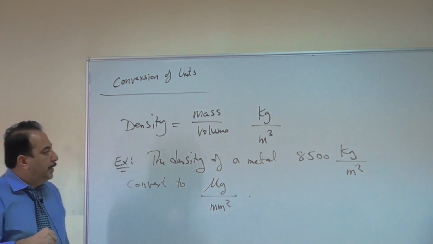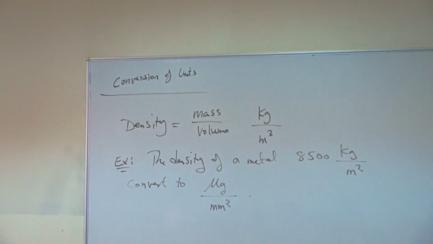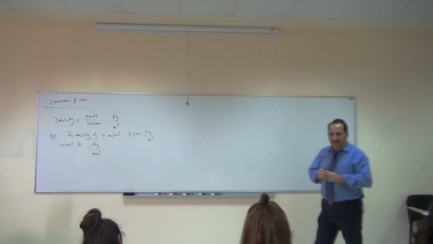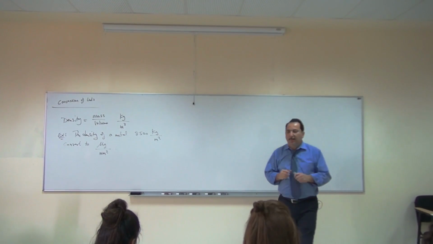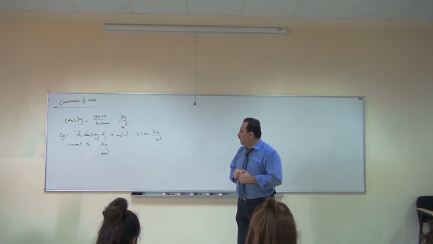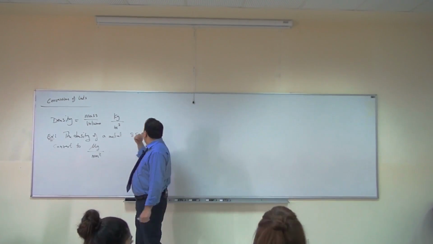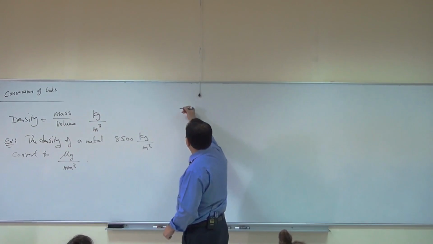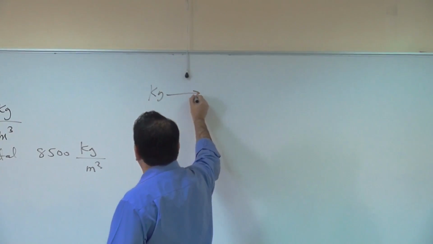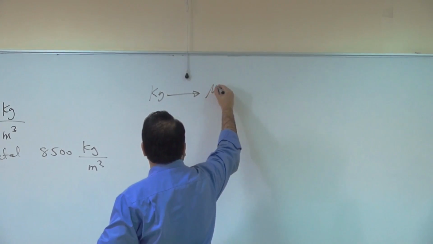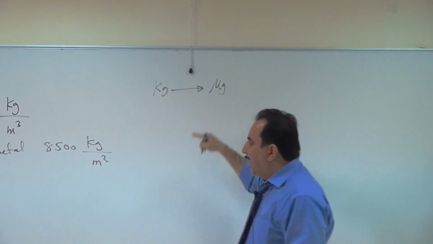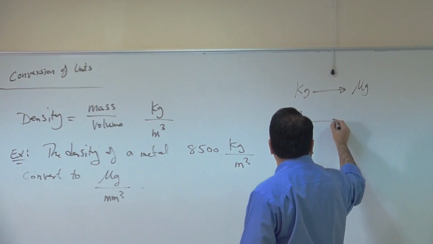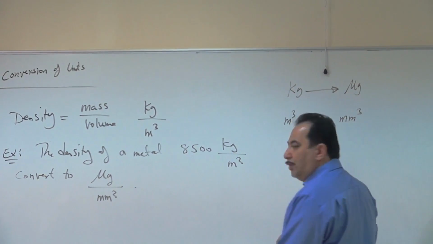Now, as I mentioned before, when you want to do conversions, you need to think of conversion factors and the stages needed to convert. So here you have the numerator and the denominator. You have to convert both. So you need to convert the kilogram to microgram, the final, and you need to convert the meter cube to millimeter cube.